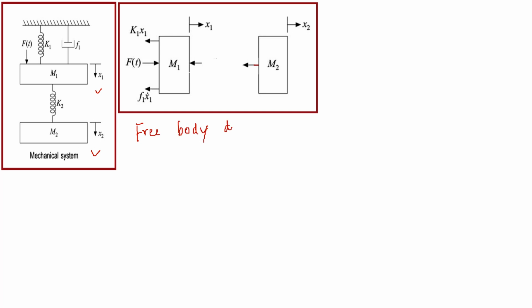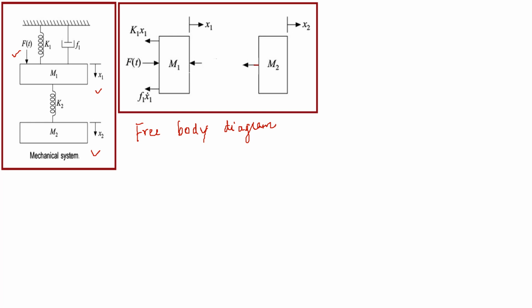To draw the free body diagram, we have to consider two masses. For the mass m1, the external force acting on the mass m1 is F(t). What are the internal forces?